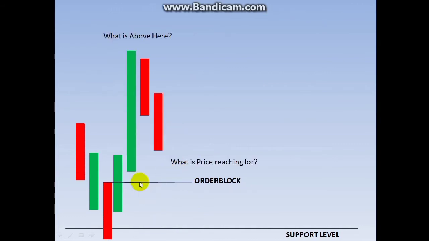As you can see, we have a validated order block. The first entry criteria we talked about is when this candle trades through and breaks the high of the last down candle, validating this as a bullish order block.